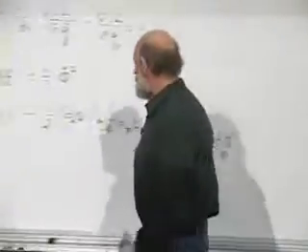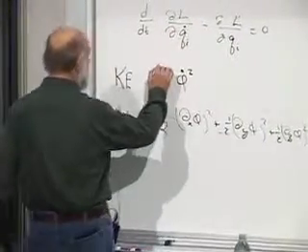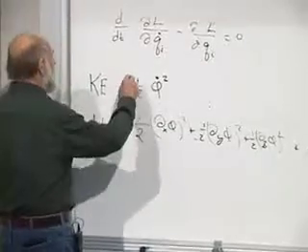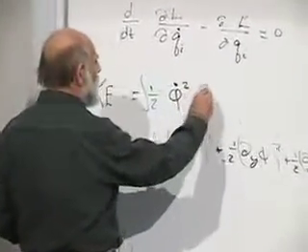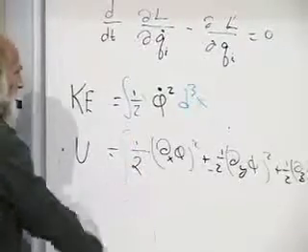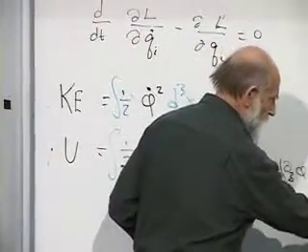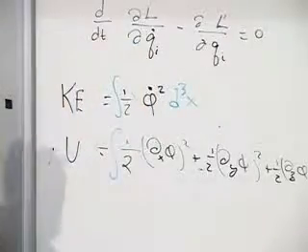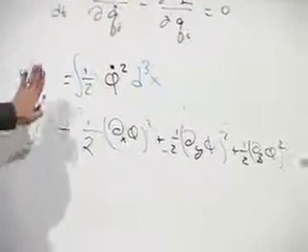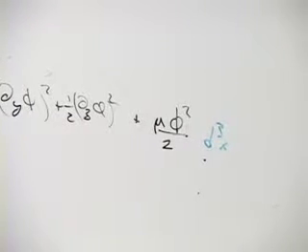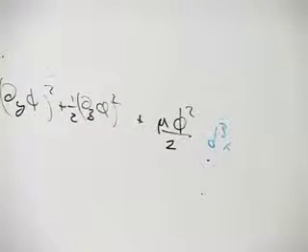So strictly speaking, the kinetic energy is the integral of this. Let me put it in blue here. It's really the integral d3x, and the potential energy would be the integral also. But sometimes we lapse into a simpler language and just call this term the kinetic energy without the integral, and this term the potential energy. Okay.